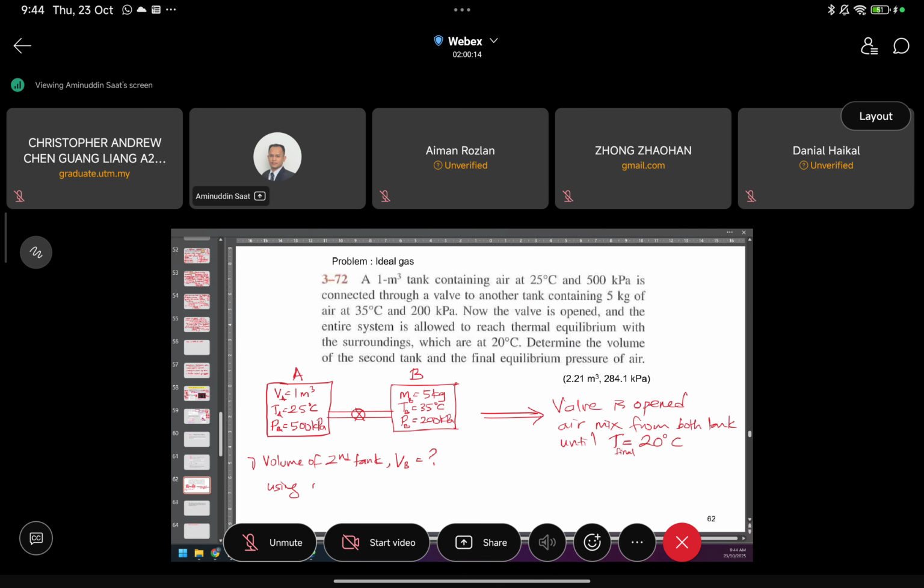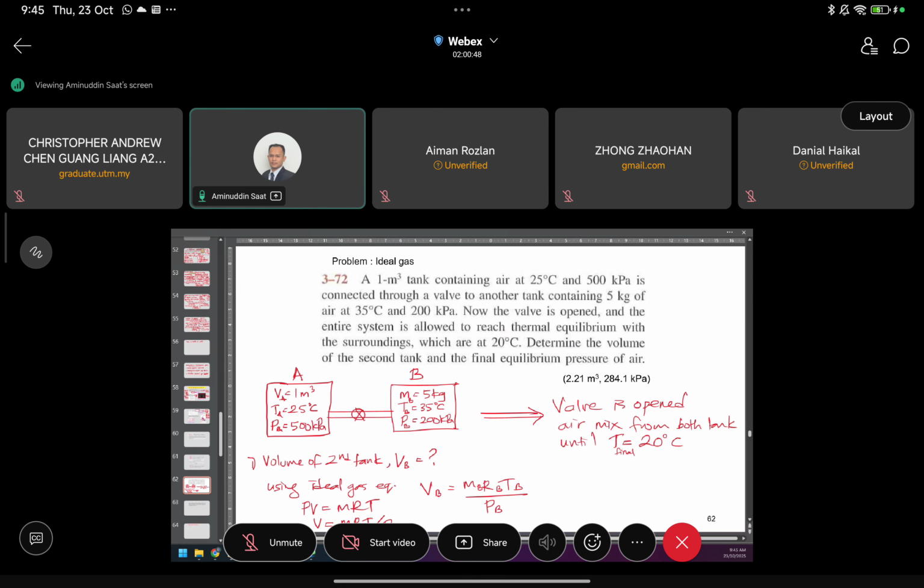Using the ideal gas equation, PV = mRT. Because you want to find the volume, V equals mRT divided by P. So for the VB, you need to find mB RB TB divided by PB.